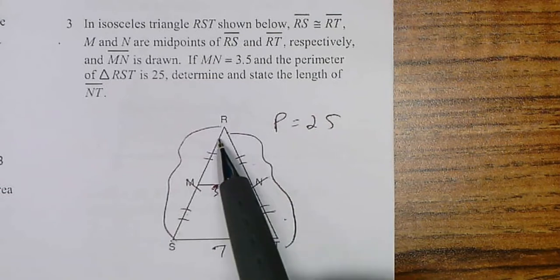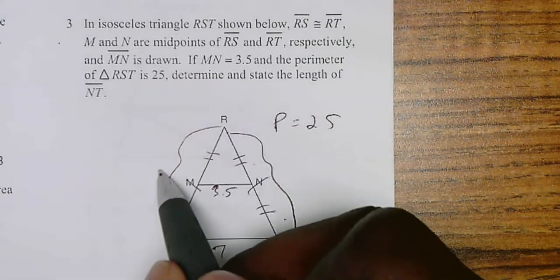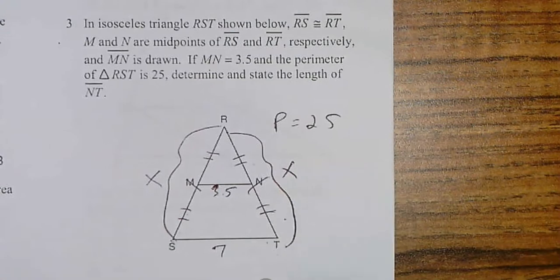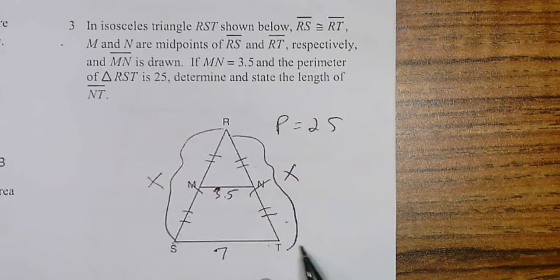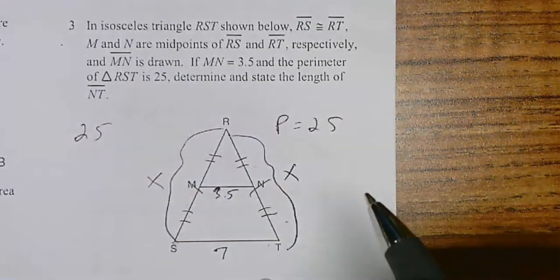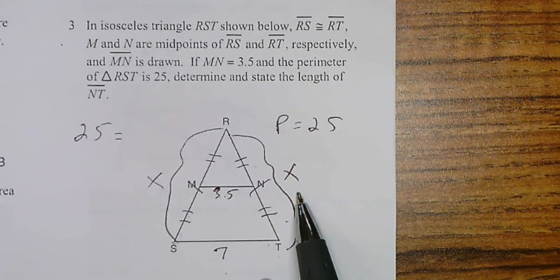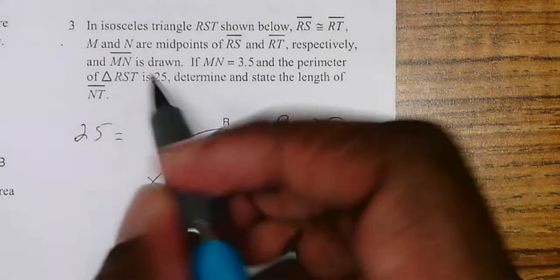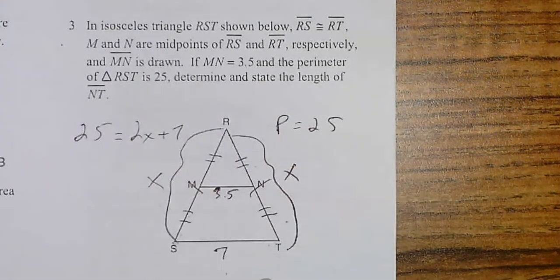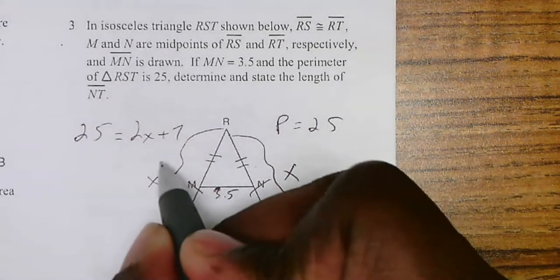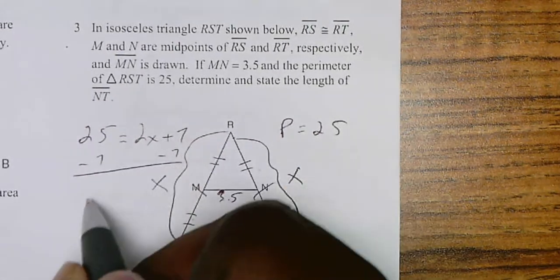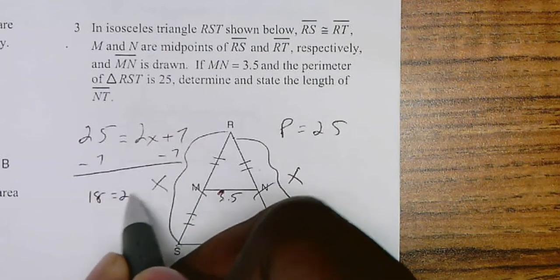What we also know is the perimeter, that these two sides are the same. Let's call that X. I know this length and that length have to be equal to each other. So the equation I can write is 25, the perimeter, is equal to this side plus this side plus this side. So that's 2x plus 7. If you solve that, subtracting 7, you should get 18 equals 2x.